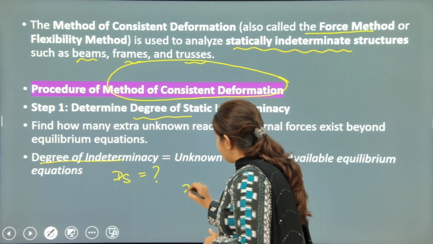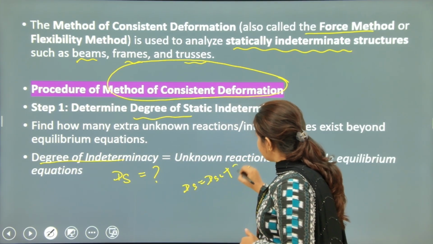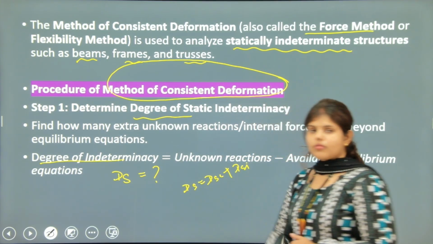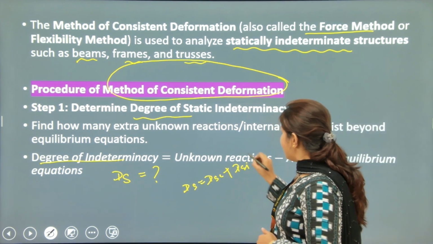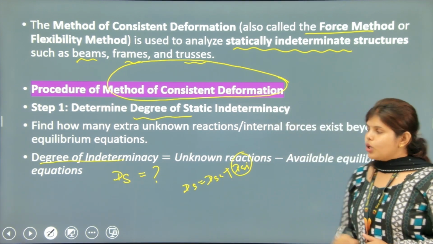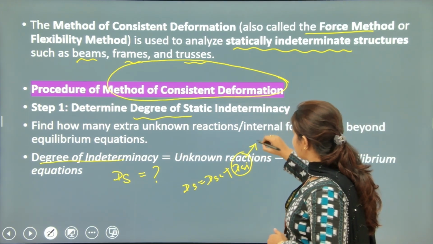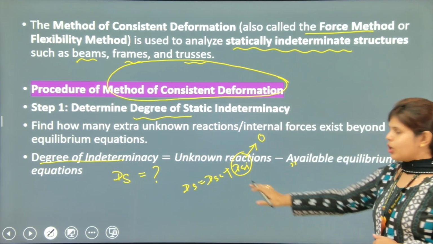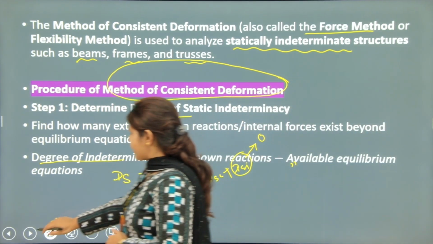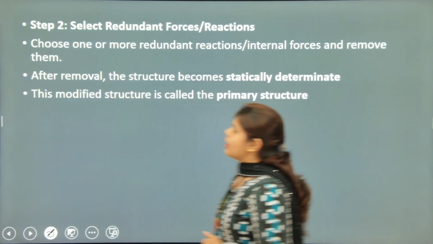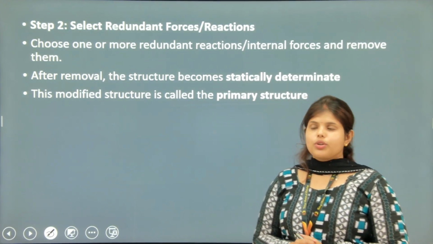DS is DSE plus DSI, the degree of static indeterminacy external and internal. Sometimes for a beam we take the internal as 0 and we will calculate DSE. In our next step, we will find out a redundant force or reaction.